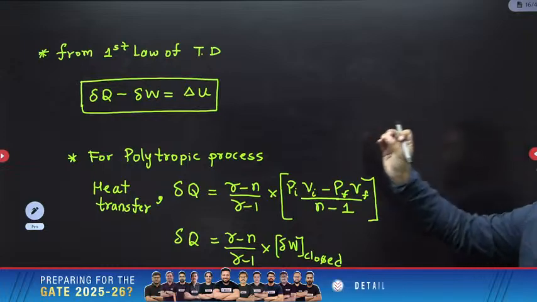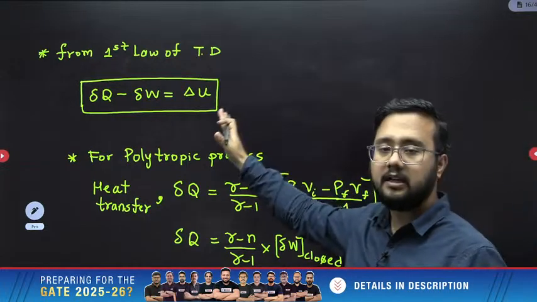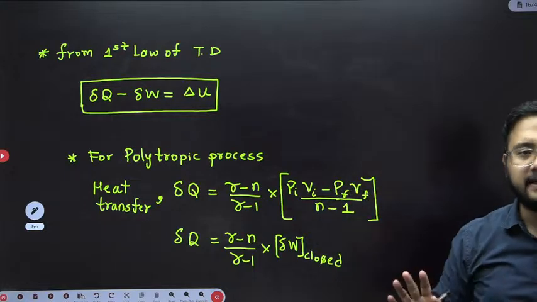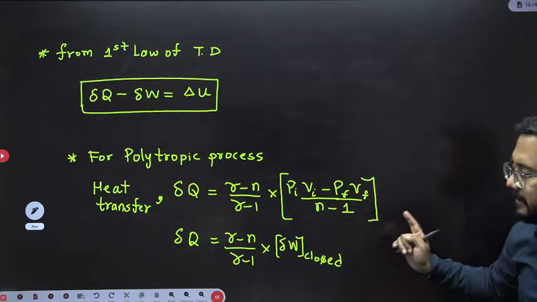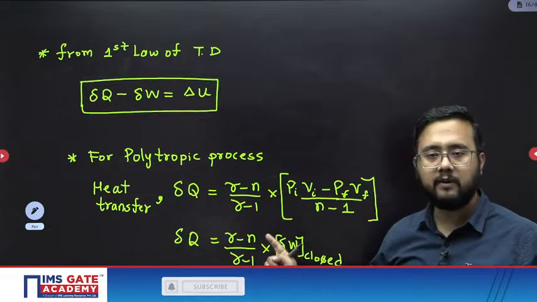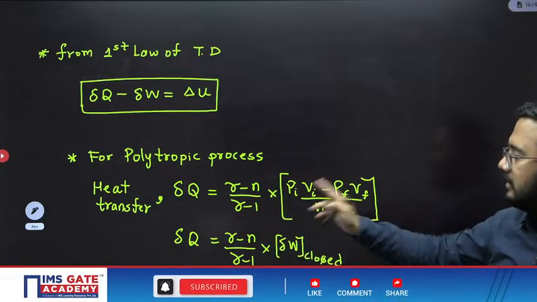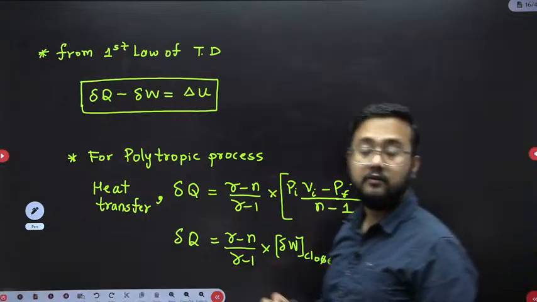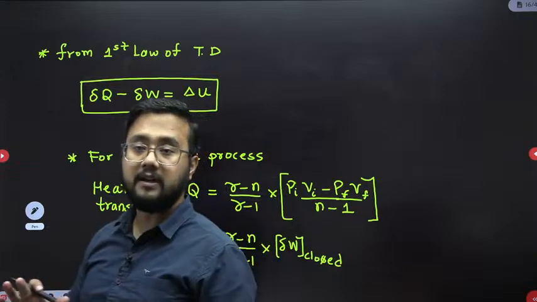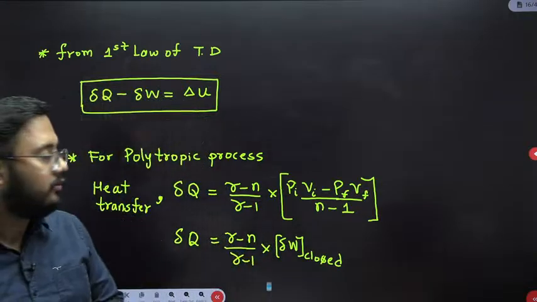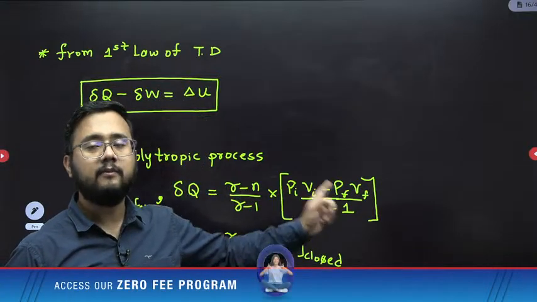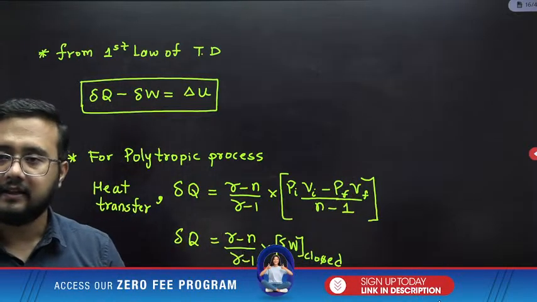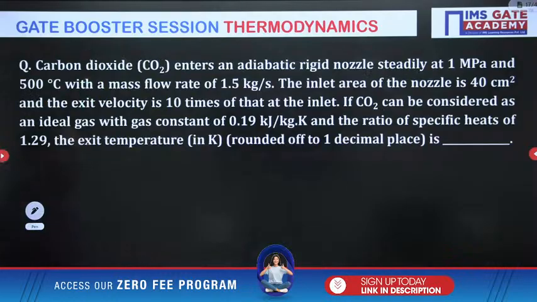If you have calculated work transfer and internal energy change, you can very easily get the answer of heat transfer. Separately I have written this formula for polytropic process heat transfer: (gamma minus n) upon (gamma minus 1) multiplied by work transfer in the closed system, which is (P initial V initial minus P final V final) divided by (n minus 1). That's it. Correct, everyone?